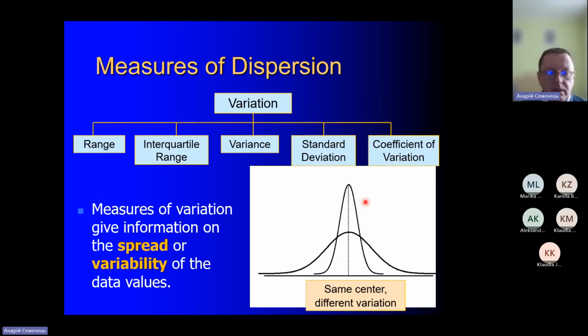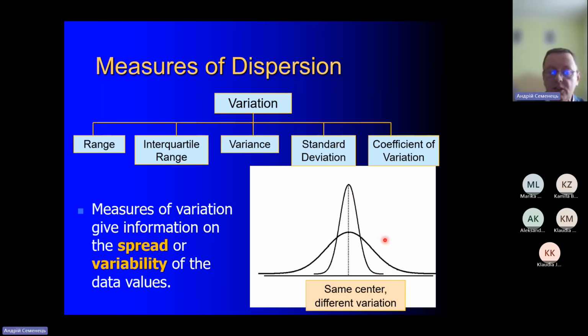In variation, we can also have a number of assessments like variance, standard deviation, coefficient of variation, range, and so on. Here is why it's important. Again, I think it becomes obvious when you take a look at this frequency distribution.